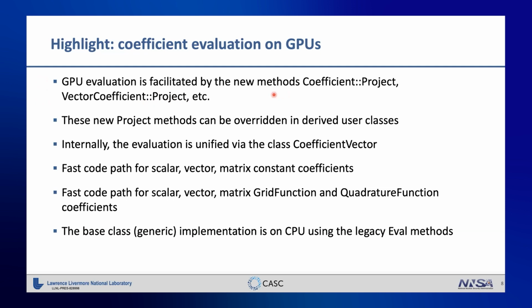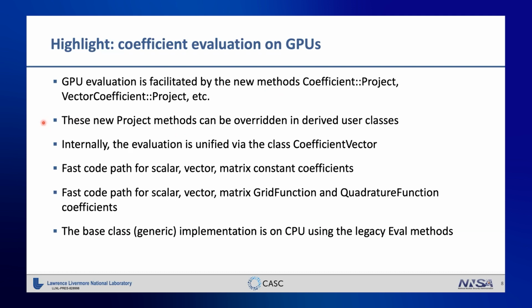And this is unlike the current or legacy interface, which uses evaluation, like a virtual function, to evaluate values at one quadrature point. So by evaluating this big set at once, this could lead to a big performance improvement.